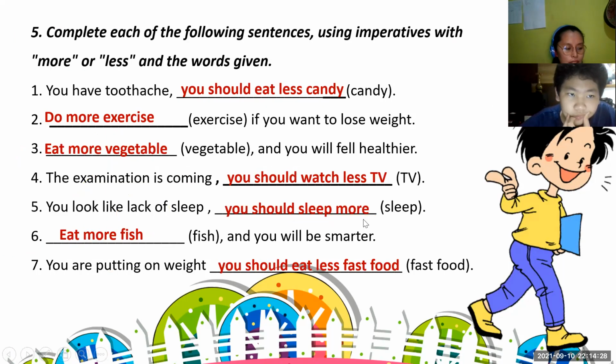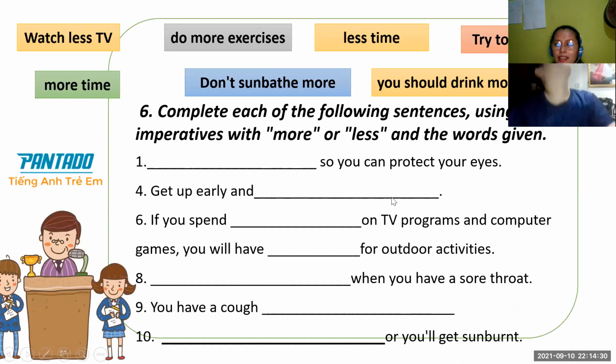Here is the last slide for this unit. This time there are phrases there. The phrases are watch less TV, more time, do more exercises, don't sunbathe more, less time, you should drink more warm water, and try to talk less.